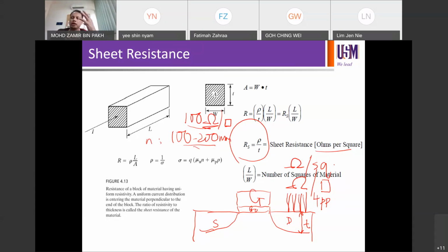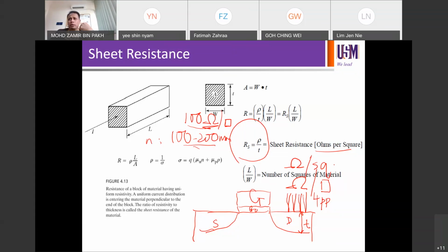The nature of electrons traveling is that they will be extracted at the nearest metal contact. If they don't find a metal contact, they will look for the next nearest one. While traveling to the next nearest one, they will have to go through some resistance in the layer, in this case the diffused layer. So if your sheet resistance is lower, it's going to be a lot easier for them to travel through the layer to get to the nearest contact.